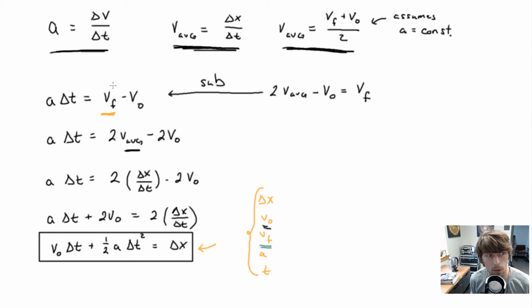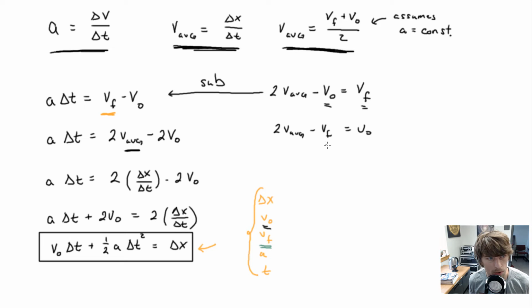If you want a different equation, instead of substituting in for v final, we could solve for v naught instead. So then you have something that says 2v average minus v final equals v naught. You can do the substitution. You can run the same song and dance. Pretty cool. In fact, let's just run it real fast.